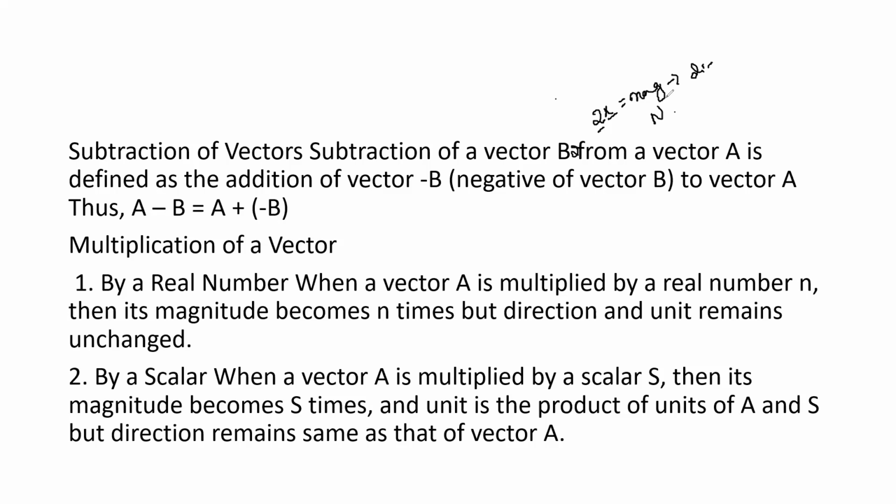When a vector is multiplied by a real number, magnitude will change and direction and unit remain constant.